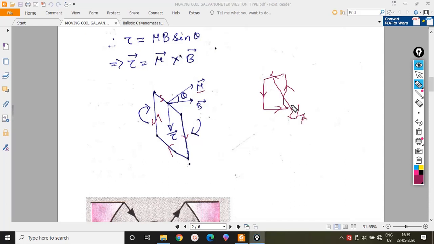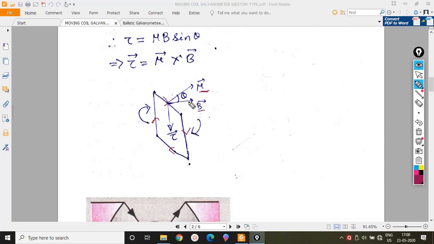So for that your magnetic dipole moment will be in that direction, outward, and here because the direction is this, this, and this, your expected direction of mu is that way, and your B direction is this way.